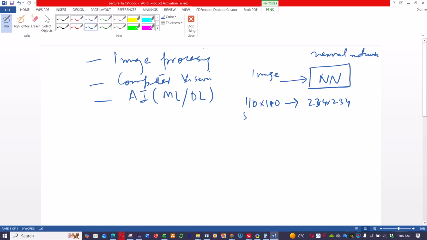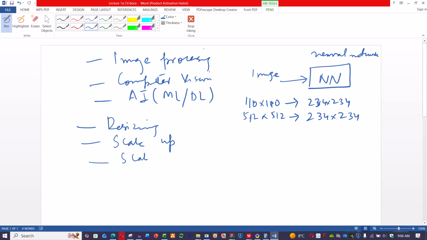Similarly, if it is of the size 512 into 512, we would also be resizing it to 234 into 234. This is basically the topic of this video, that is the resizing of the input, which means either scaling up or scaling down your input image.